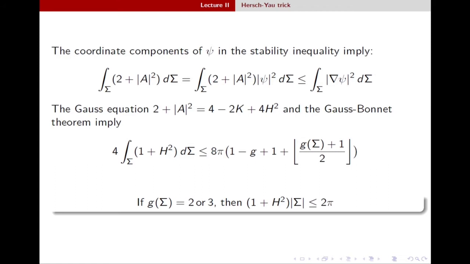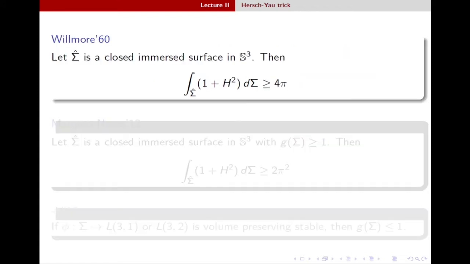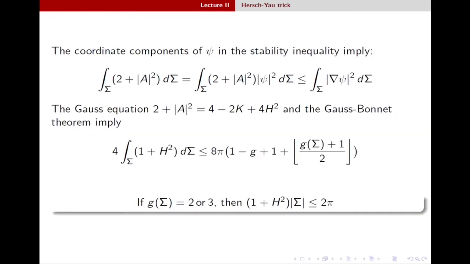So if you are in RP3 and you look at the pre-image of your surface in the sphere, then you're going to get an upper bound for the Willmore energy, which will be 4 pi, right? Because the order of the fundamental group is 2. On the other hand, in the sphere, we know a lower bound for the Willmore energy, which was proved by Willmore in the 60s, right? And so if you compare those two inequalities, of course, you're going to get a contradiction, and that's how you rule out genus 2 and 3 in the real projective space.